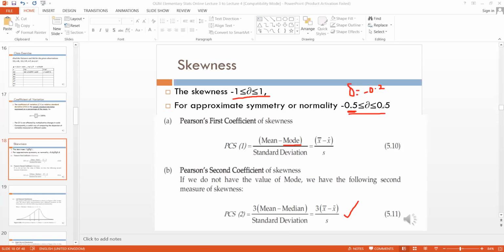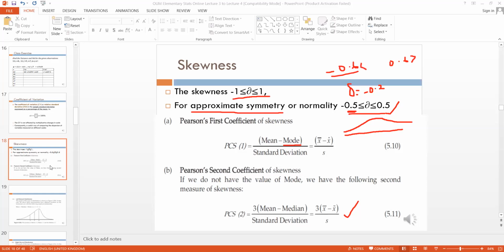We say that the shape of the distribution is approximately symmetric or approximately normal. So when we plot the distribution, it will look approximately normal. But if the value exceeds these values, assuming we have -0.6, that makes it negatively skewed. And 0.6 and above will make it positively skewed.